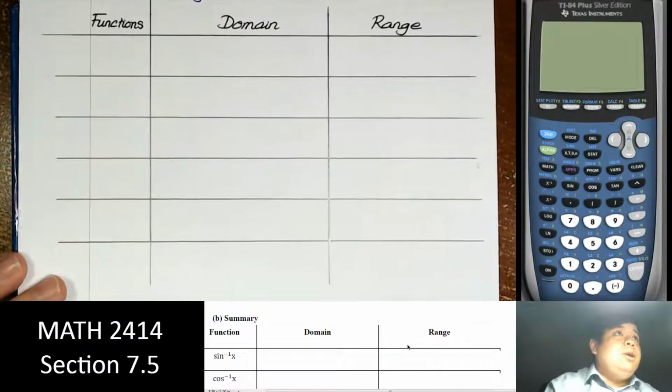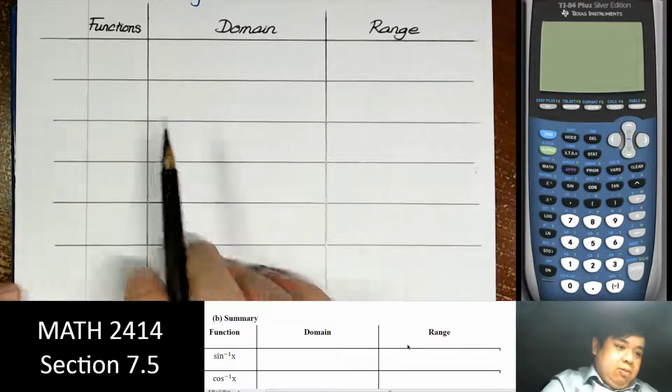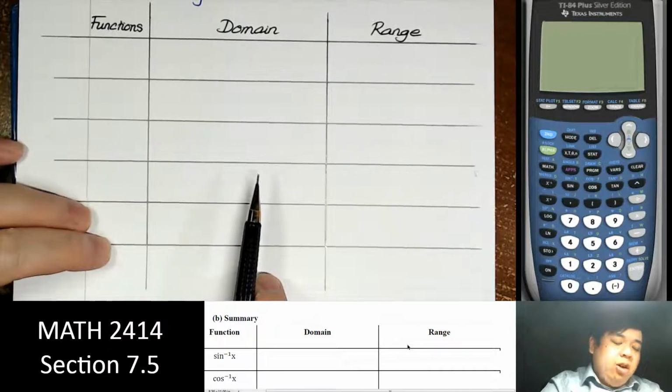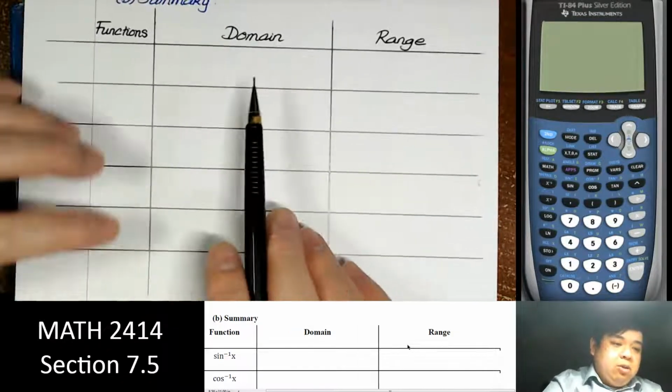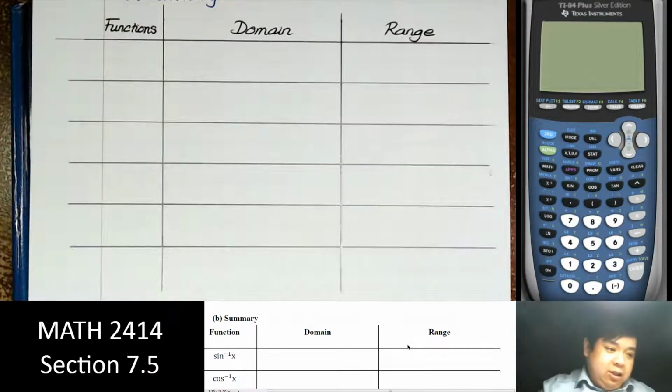Right. So it has 6 rows for 6 functions and 3 columns: the function, domain, and range.